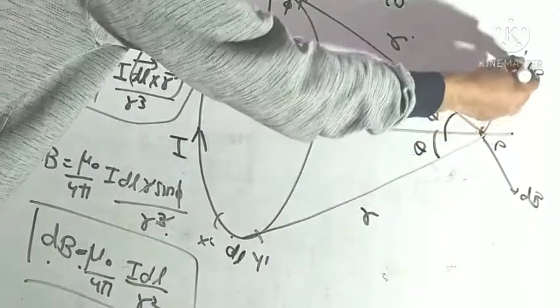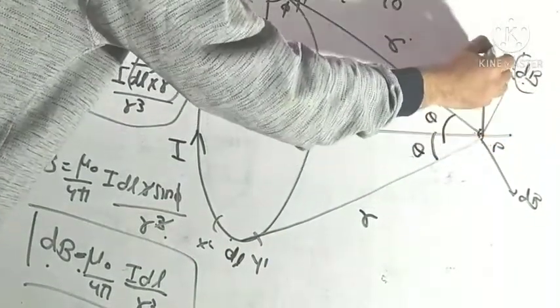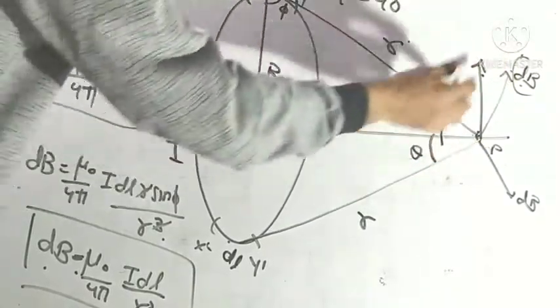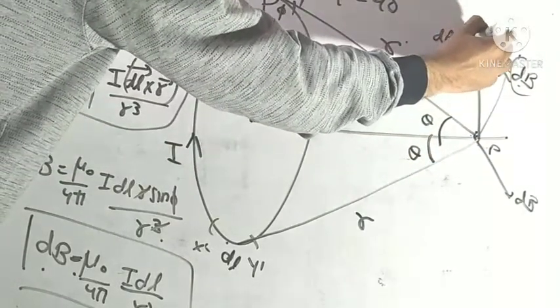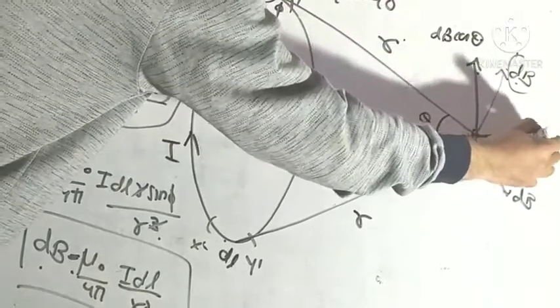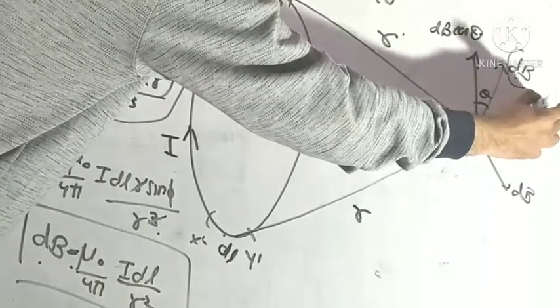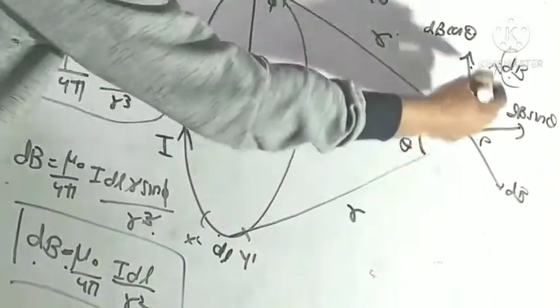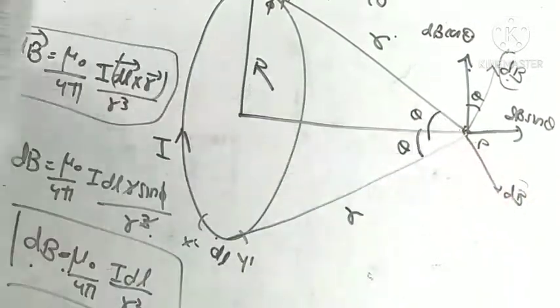Now we resolve dB into two components: the first, perpendicular to the axis, is dB cos theta, and the other is dB sin theta.